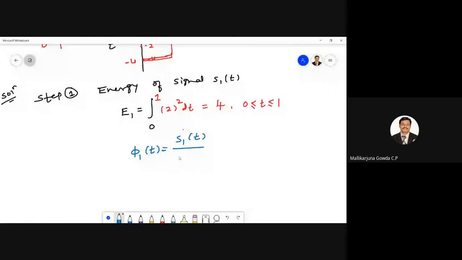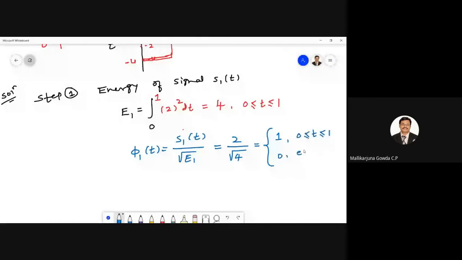So which is equal to what? S1 of t value is 2, square root of 4, right? Square root of 4 is 2, so 2 by 2 is 1. So that is why I say the value of pi 1 of t is 1 over the interval 0 to 1, and it will be 0 elsewhere.